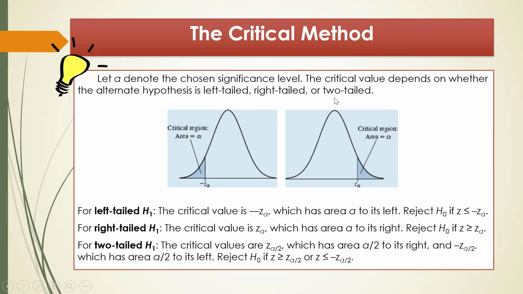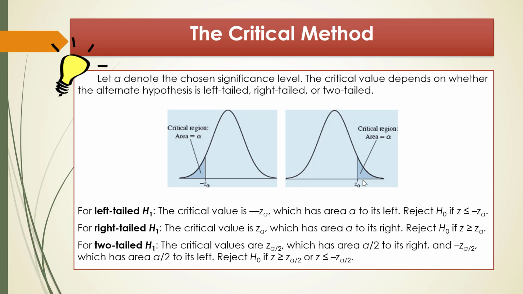For the right tail, a value is said to be unusual if it is too far away from the center, 0, and is on the right side. So we have z alpha here, a positive value, to separate the acceptance region and the critical region. The critical region is also called the rejection region.